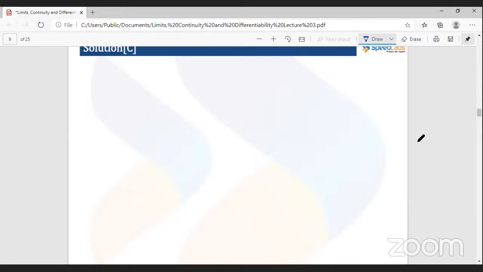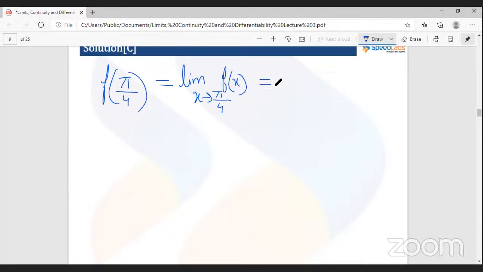So what is f pi by 4? F pi by 4 is limit x tending towards pi by 4 fx. And what is fx?